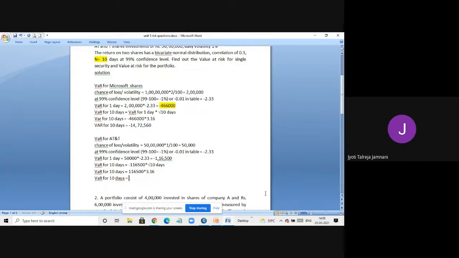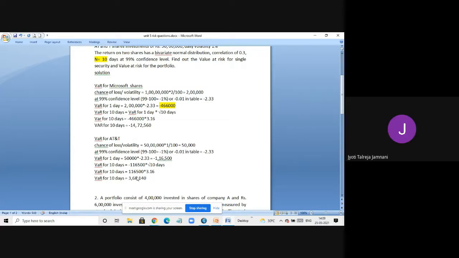Value at risk for 10 days is equal to, let's see how much you get. One lakh 16,500 into 3.16, 3,68,140.